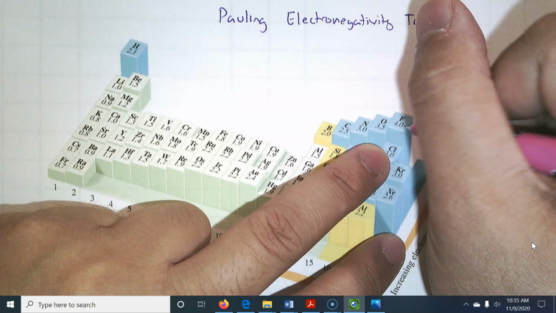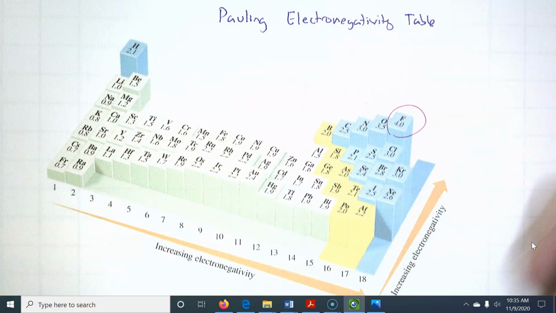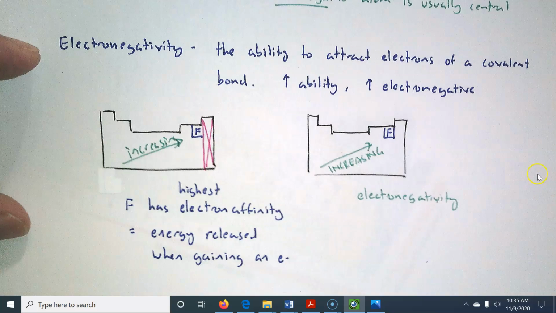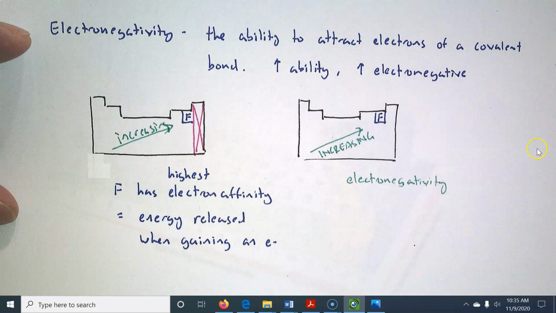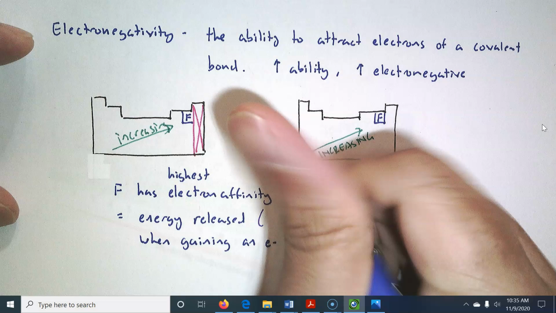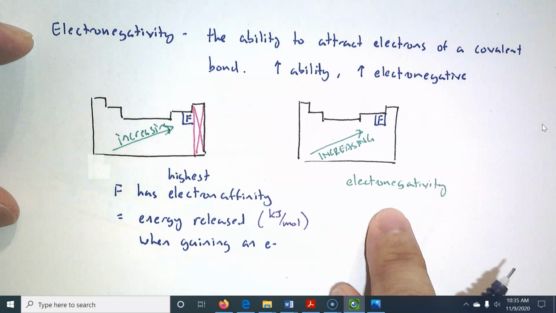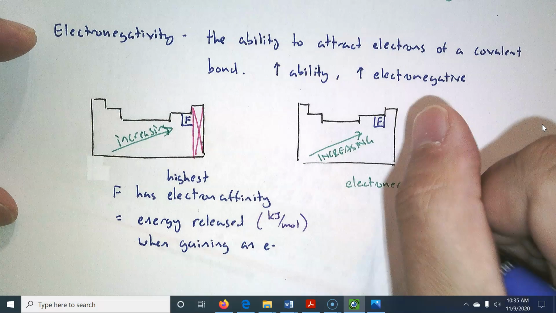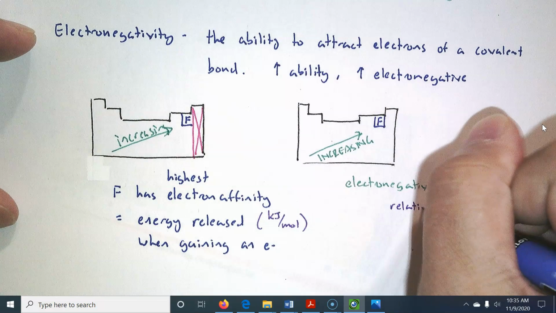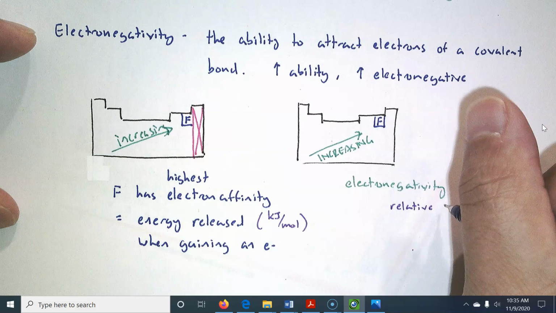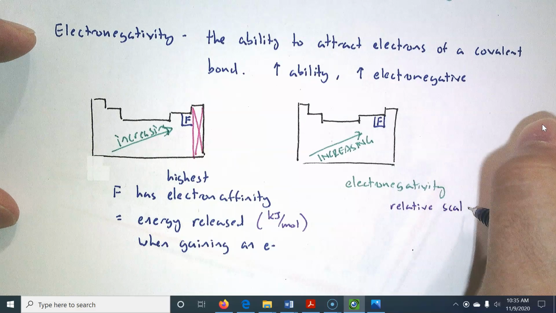All right, the elements that you want to be aware of. Fluorine is the most electronegative. Again, don't worry about the units. If you recall, the energy released, those units are typically kilojoules per mole. But electronegativity is a relative scale. And you're just looking for the highest number to figure out the most electronegative atom.